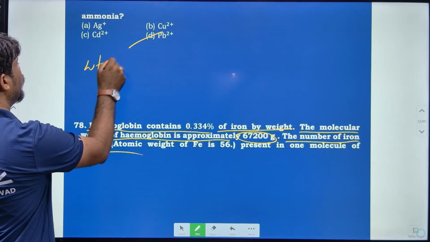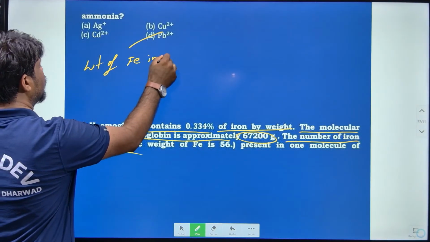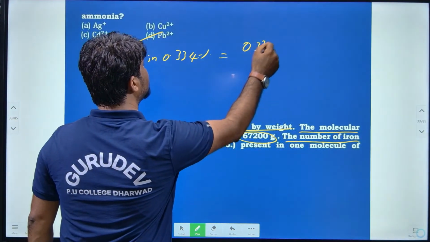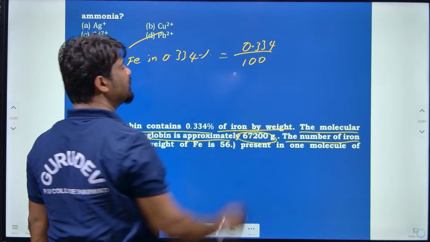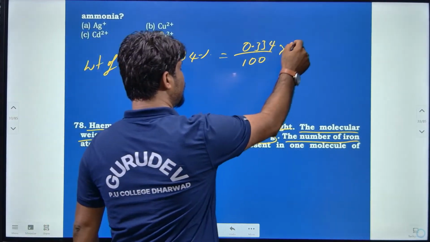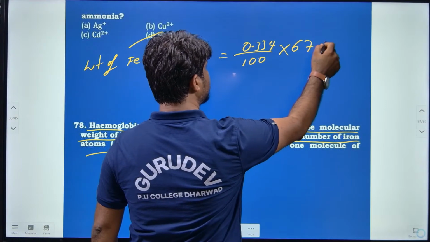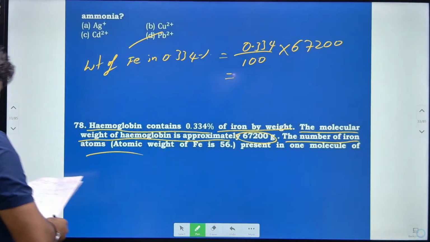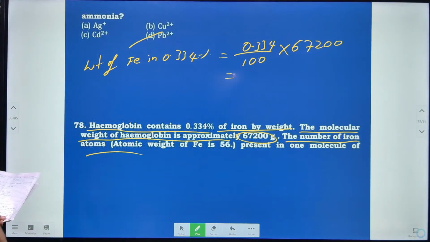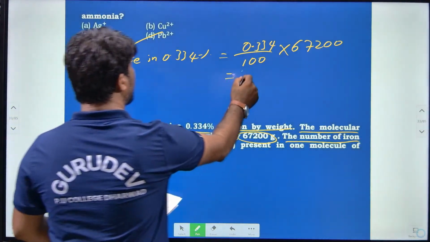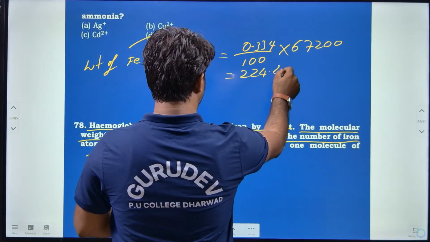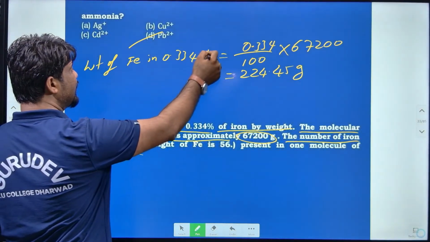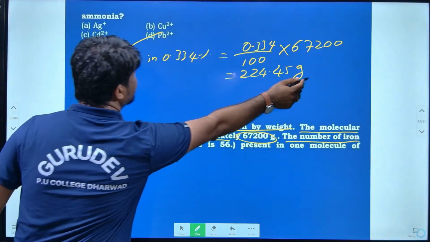Weight of iron is 0.334% divided by 100, for the removal of percentage, multiplied by its molecular mass 67,200. On simplification I am going to get 224.45 grams. So the hemoglobin contains this much of iron.